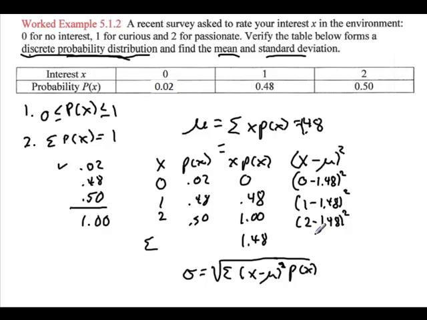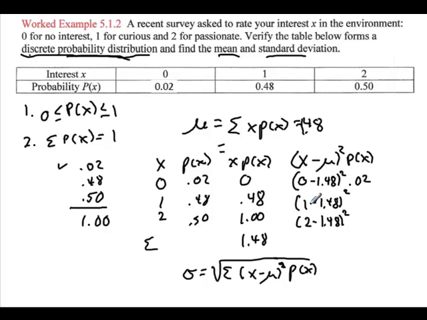Now we have to do one other thing in this formula for standard deviation, which is multiply by p of x. So why don't we tack that on right here and do this all at once? So p of x, geez, what's that? Well, that's just the probability that's corresponding to every x value. For example, remember x was 0? What's the p of x there? 0.02. So we'll multiply that whole thing by 0.02.